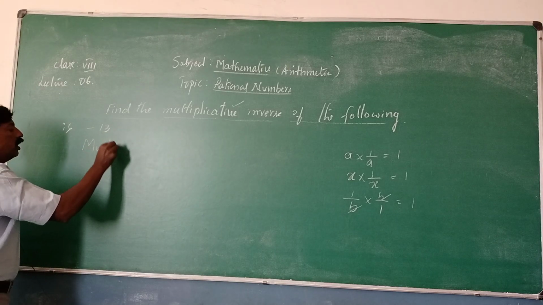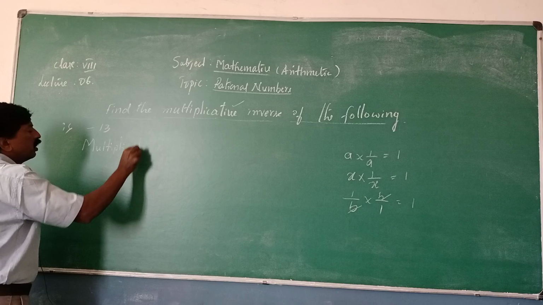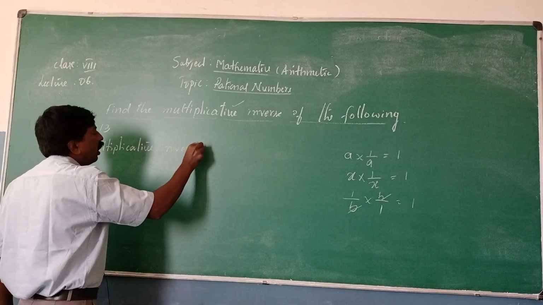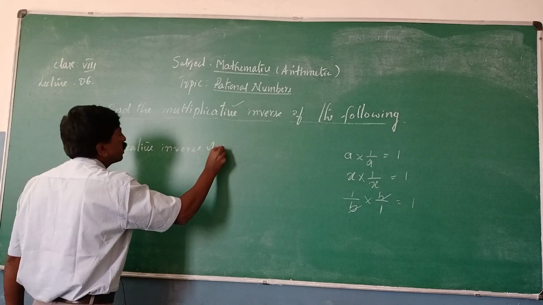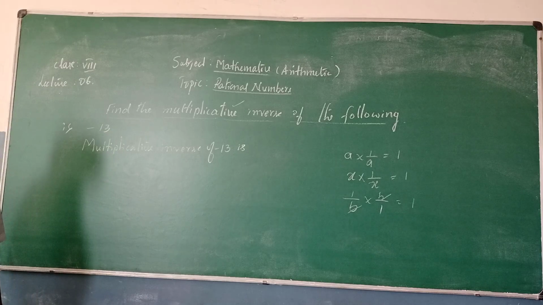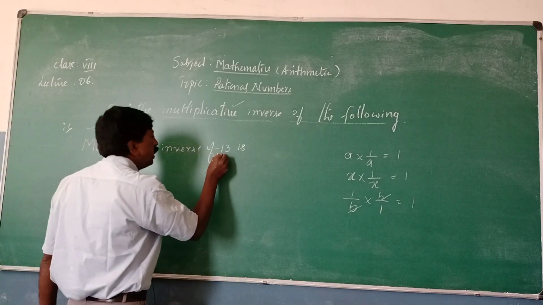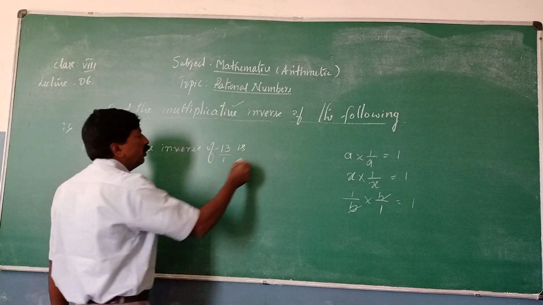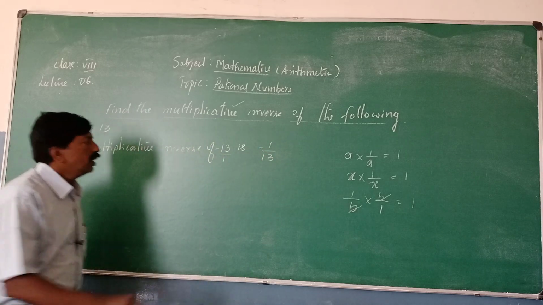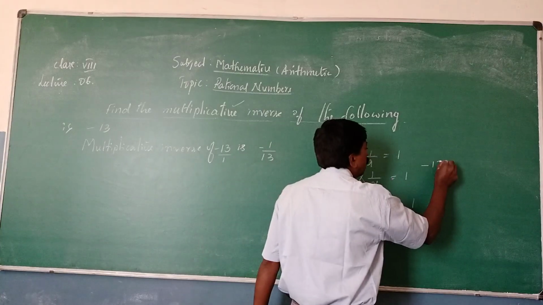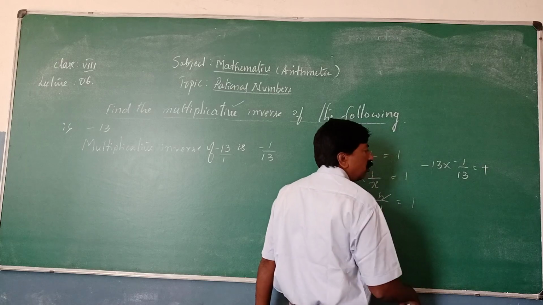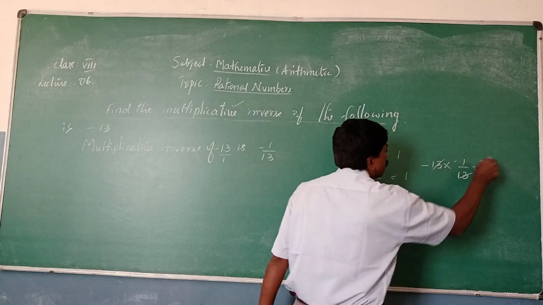The multiplicative inverse of minus 13 is minus 13 by 1, which you can interchange as minus 1 by 13, because minus 13 into minus 1 by 13, minus into minus is plus, 13 ones are 13, it is 1.